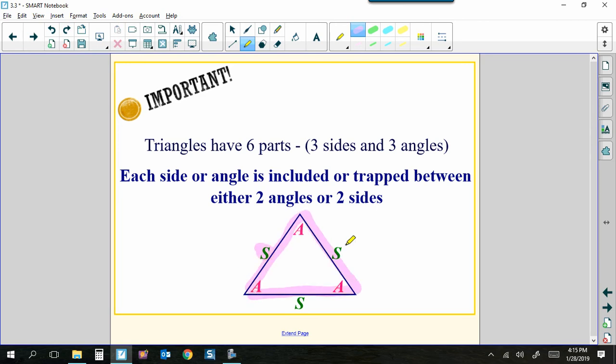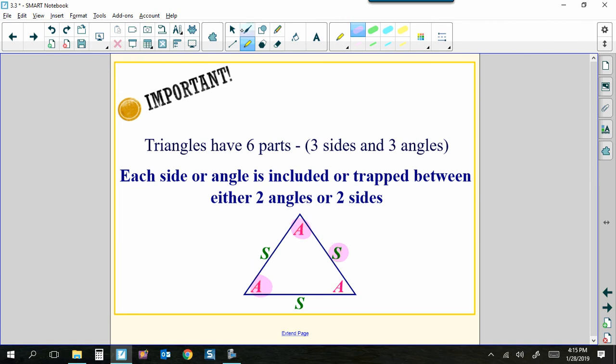If you're using the sides, you would read those parts clockwise or counterclockwise, side, side, side. If you know this angle is congruent, and this side, you would go around it and see that you have 2 angles together. So this would be angle, angle, side.